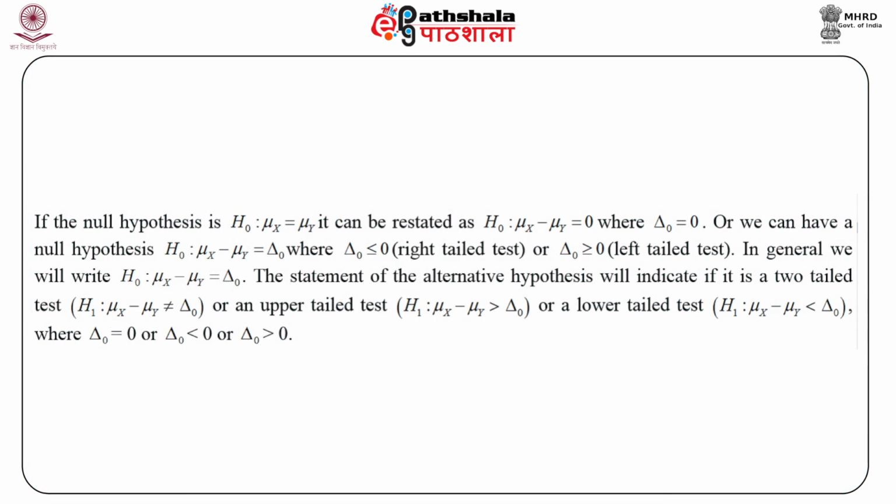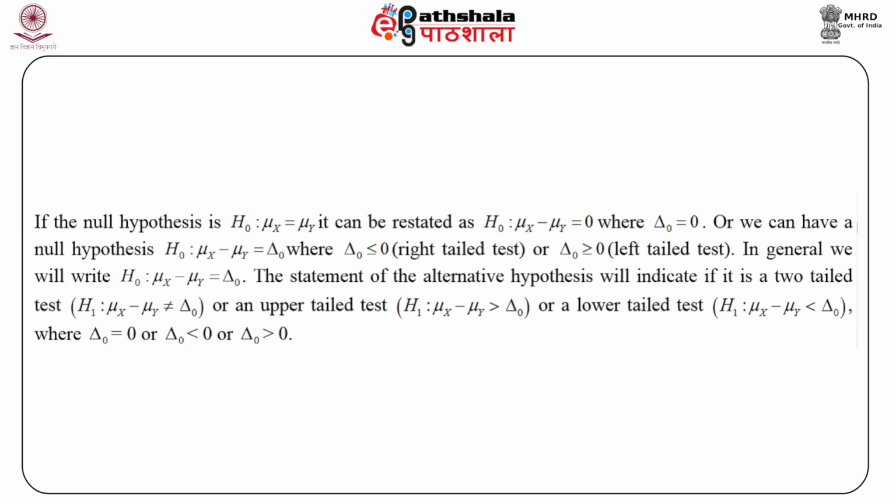If the null hypothesis H naught is mu x equal to mu y, it can be restated as H naught: mu x minus mu y equal to lambda 0, where lambda 0 is equal to 0.